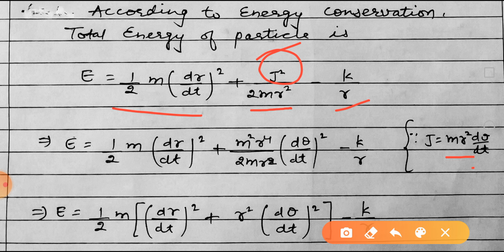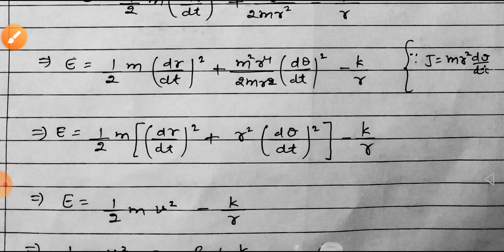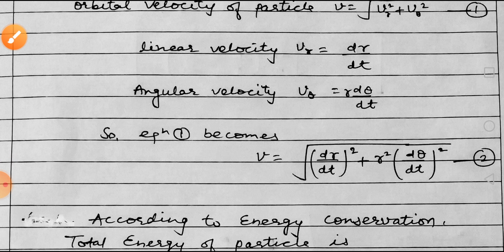Put the value here, cancel out all the terms, and from both terms we take common half m, then dr upon dt whole square plus r square d theta upon dt whole square minus k by r. And from equation second we know that this quantity is equal to v square, which is here in equation second.